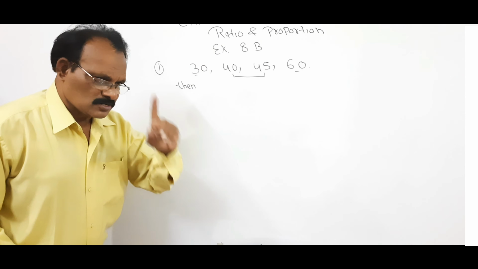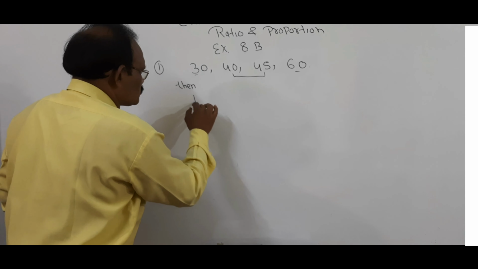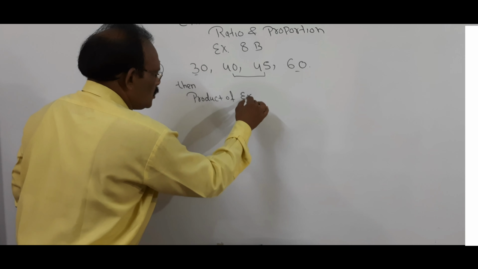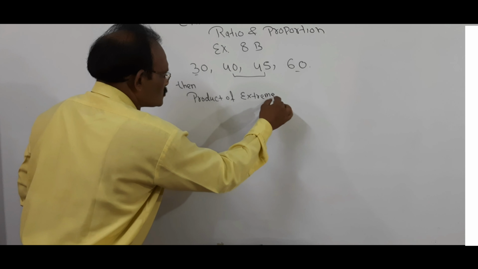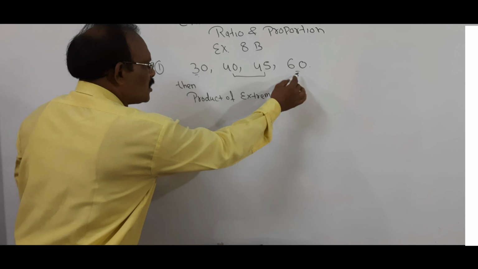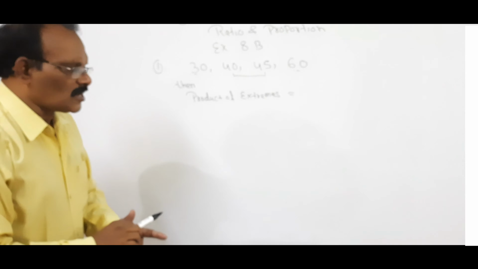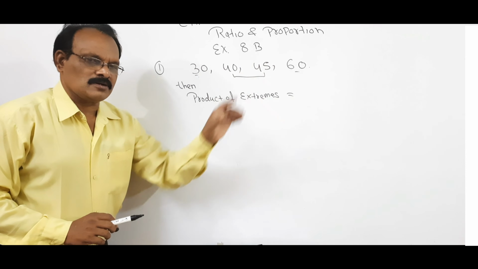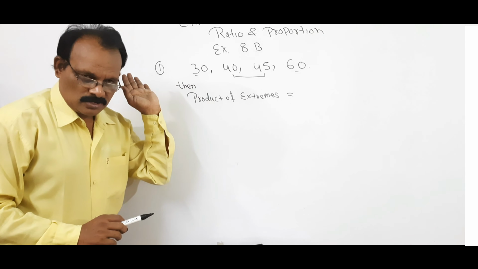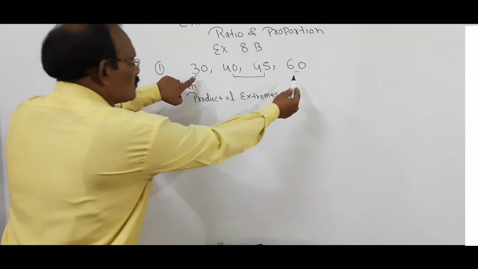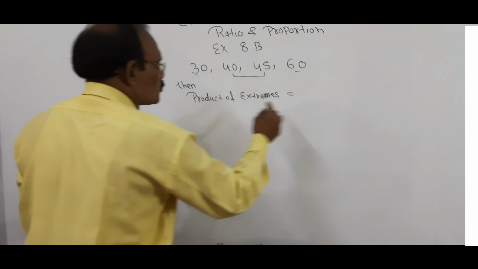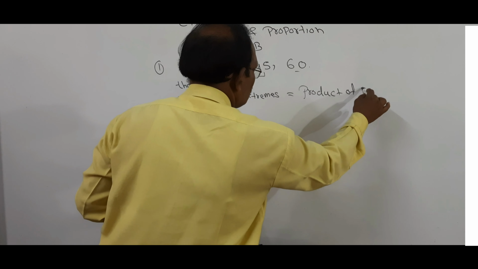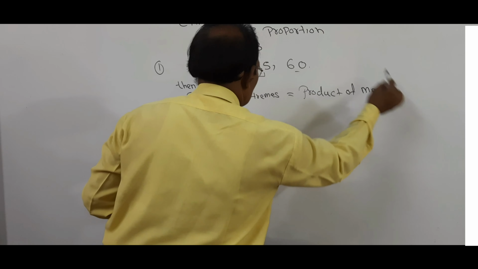Suppose they are in proportion, then what has to be proved? Product of extremes. बाहर वालों का multiplication करने से जो answer आएगा, अगर मीन्स को multiply करने से भी वही answer आता है, तो yes, they are in proportion. अगर नहीं आएगा, तो no, they are not in proportion. So it is product of extremes and product of means.